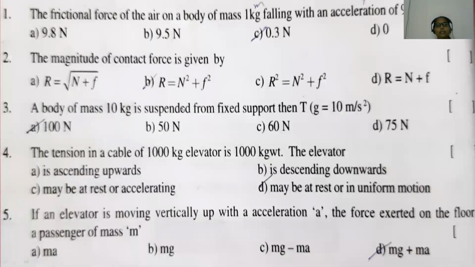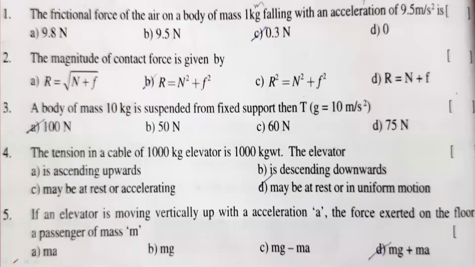Yeah, this is some solving type questions. Let us see children here what is given. Frictional force of air on a body of mass 1 kg falling with acceleration 9.5 meter per second square is asking.